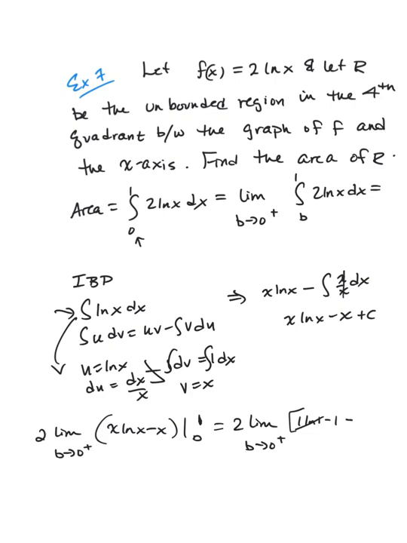Now I have to subtract off b ln b minus b. Okay, so you need to analyze what's going on here as you go to 0 from the right. Well, as you go to 0 from the right, this whole thing is going to head towards 0. So you just get 2 times negative 1, which is just negative 2.